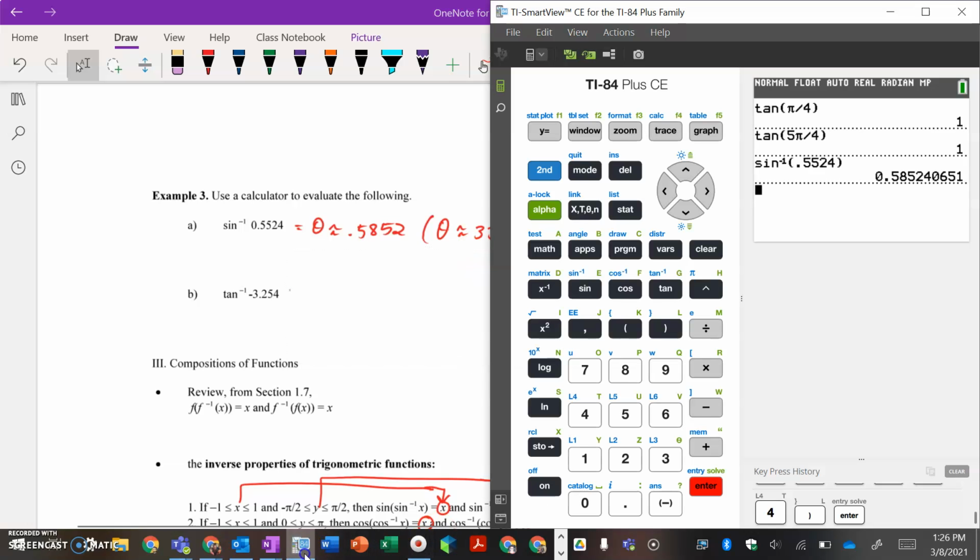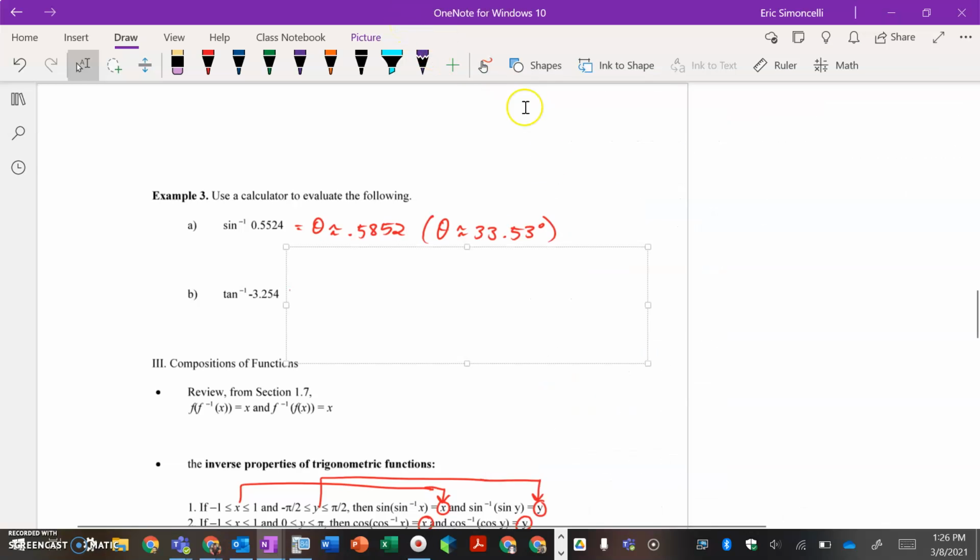If you recall, we can convert radians to degrees by multiplying by 180 over pi. If we want to confirm where this particular angle sits in context, it is in fact 33.53 degrees in the first quadrant.